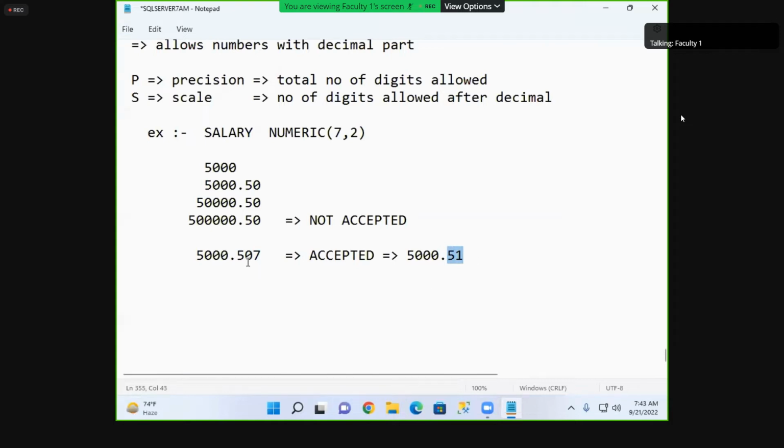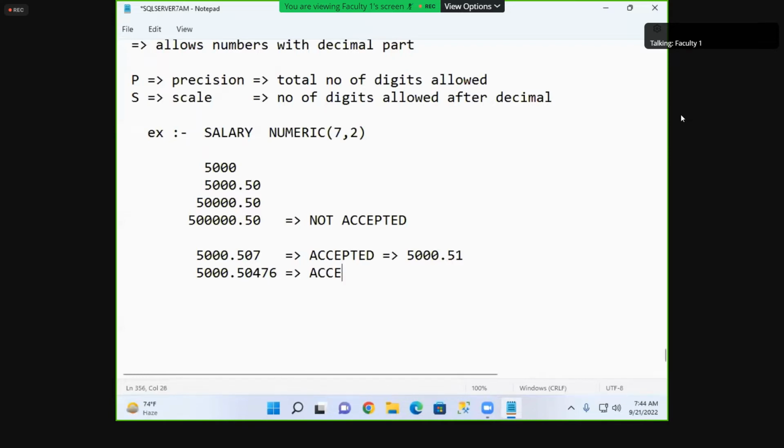See, this is 5 or above 5. This is rounded to what? 1. If the next digit is 5 or above 5, this is rounded up by 1. Suppose you enter 5,000.50476 something. Allowed or not allowed?